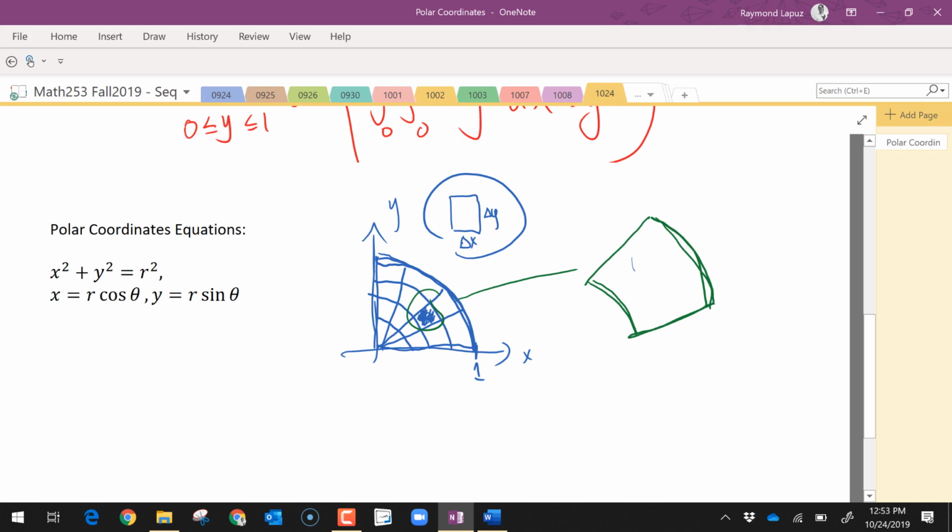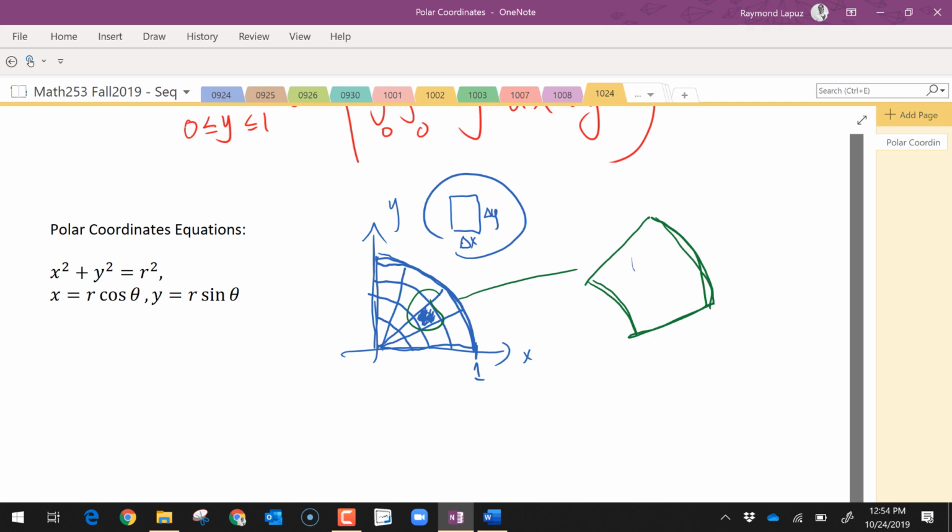If we take a look at that sector, we have to see how we can replace the area element delta x delta y with an area element in delta r delta theta. Do you remember the area of sectors? I forgot.